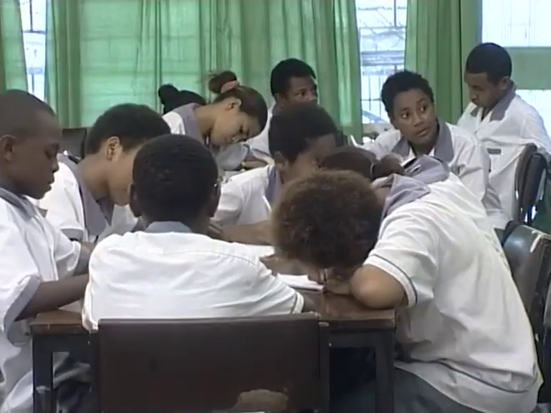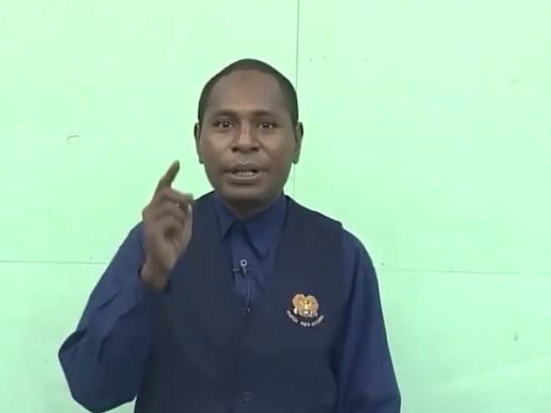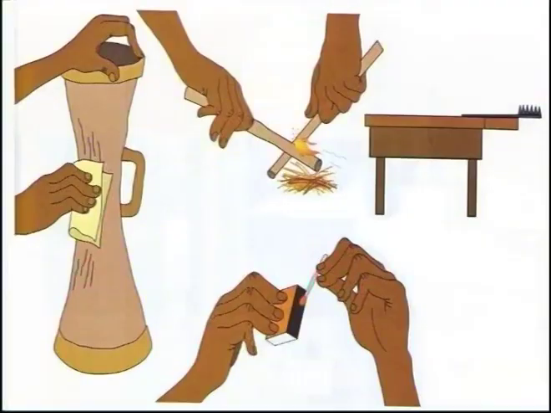Before we go on to today's lesson, I would like you to see this picture that you have on your screen right now. Can somebody tell me about the picture?